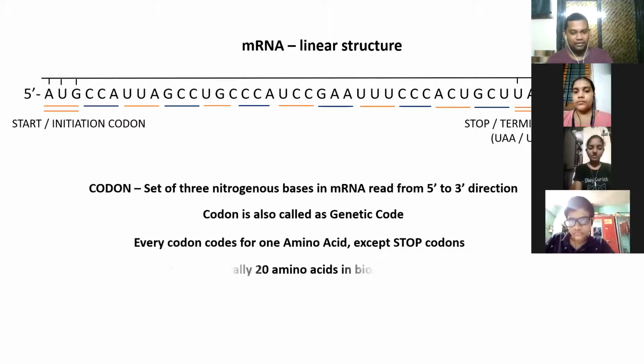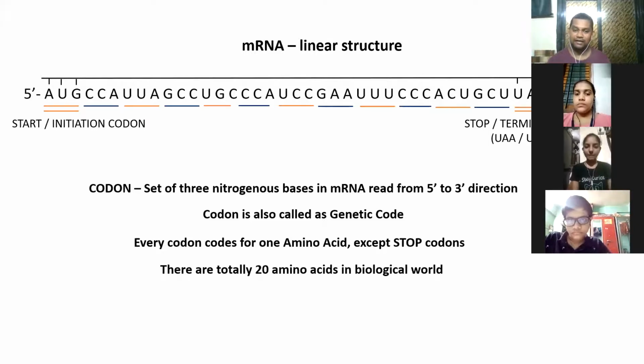And we all know very well why we are discussing amino acids and all. Because any DNA is able to express its character by producing a protein. So a DNA expresses by producing protein. That means it has to manufacture a protein.